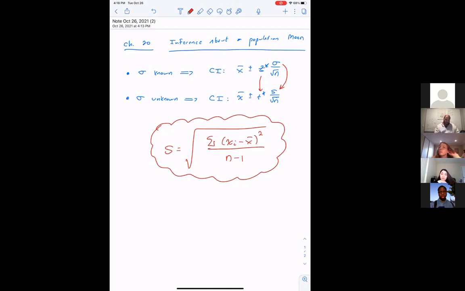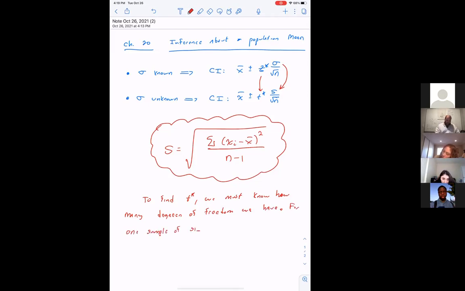And we saw that in order to find t star, we must know how many degrees of freedom we have. For one sample of size n, the number of degrees of freedom is equal to n minus 1.